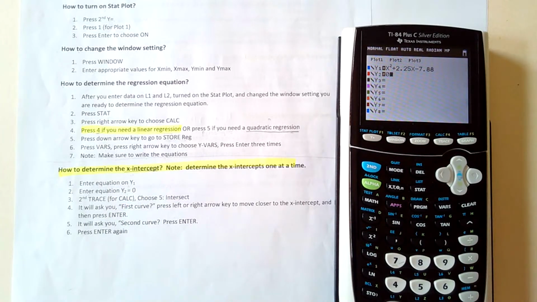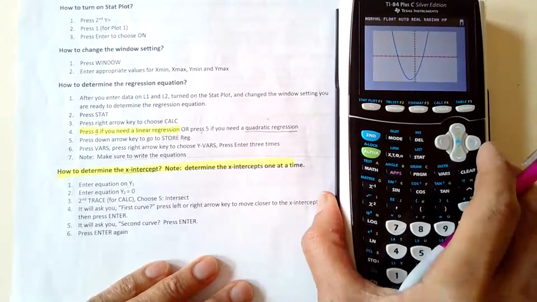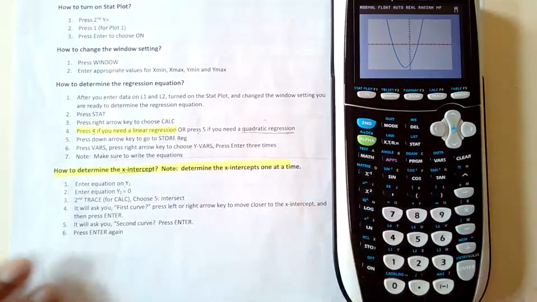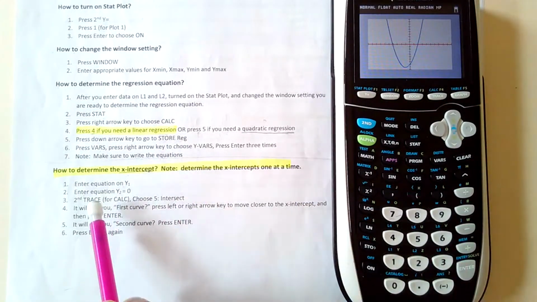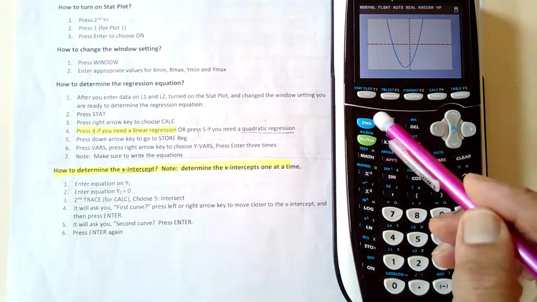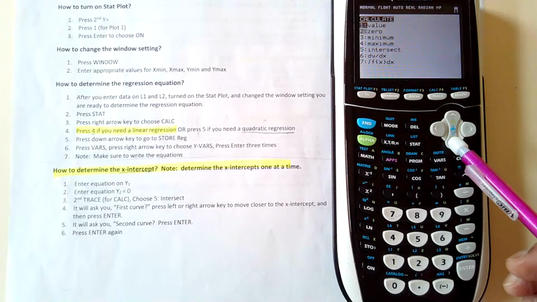I've got a graph and I make sure my y equals 0 is indicated. Next, second trace for calc and choose 5, intersect.